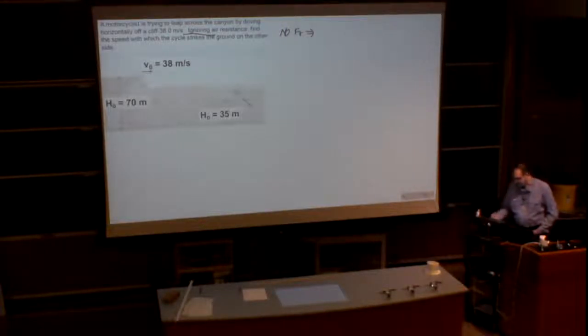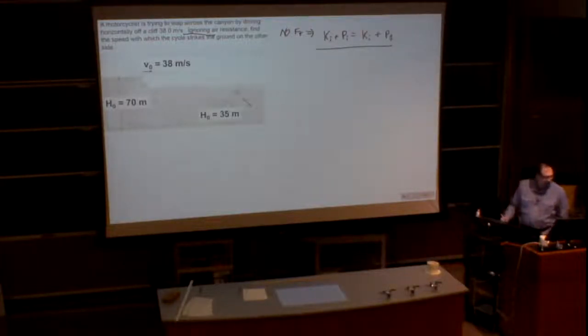Hence, kinetic initial plus potential initial should be equal to kinetic final plus potential final. And I use a different way to label energies because people also do that. Some textbooks, maybe even WebAssign: kinetic, potential, kinetic, potential.